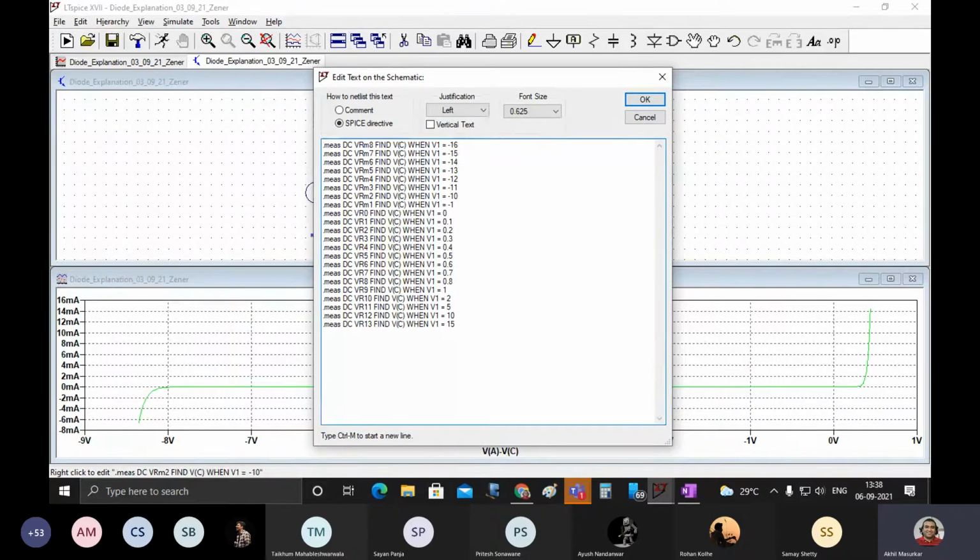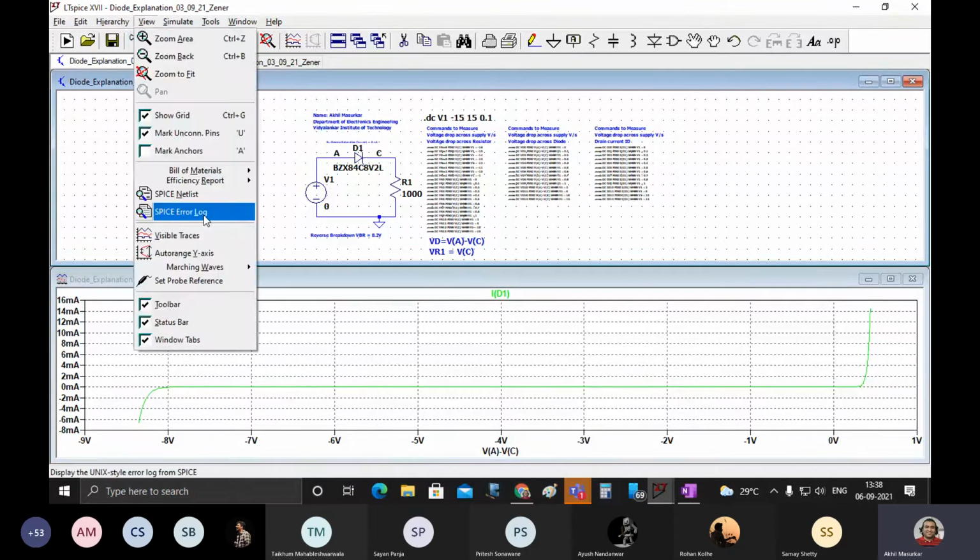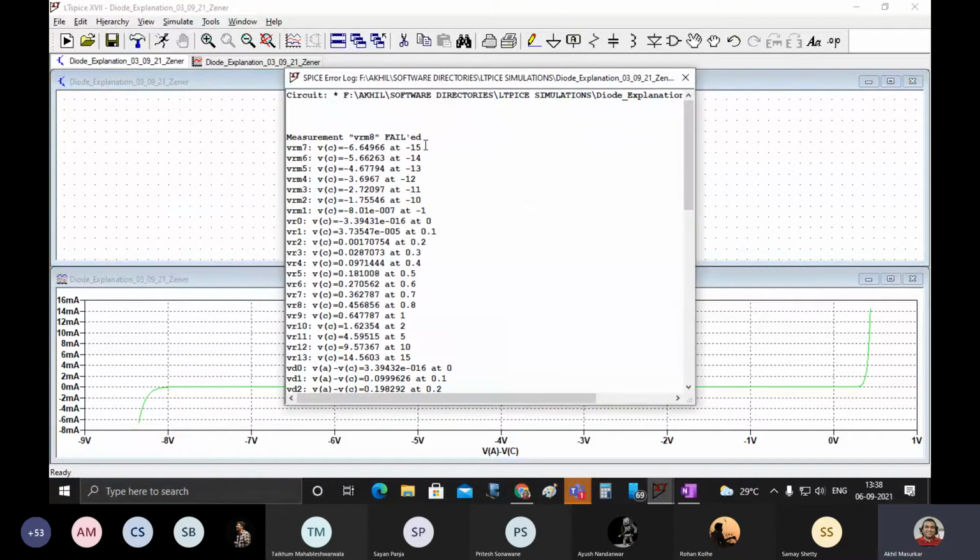Okay, let's simulate this again. Characteristics will now not change, only we are looking at the SPICE file. So it's not allowing us to go beyond minus 15. We can go at the most up to like 6.64 something, which is okay.